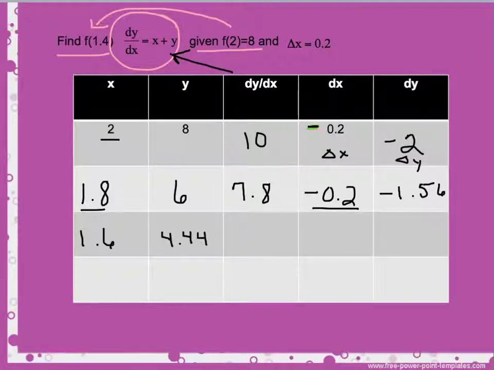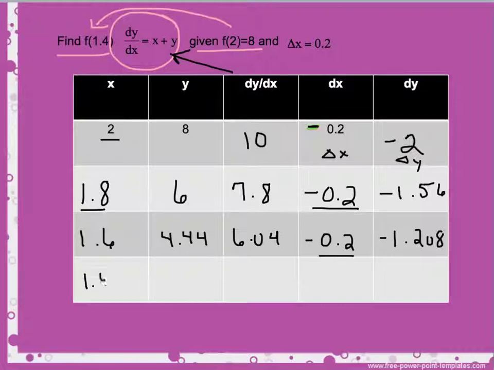To get dy dx, I add that y, 4.44, plus my x, 1.6, and get 6.04. Negative 0.2 is my dx, and I'm going to get negative 1.208. Decrease my x's again by negative 0.2.